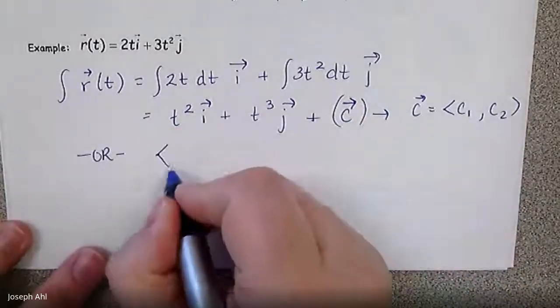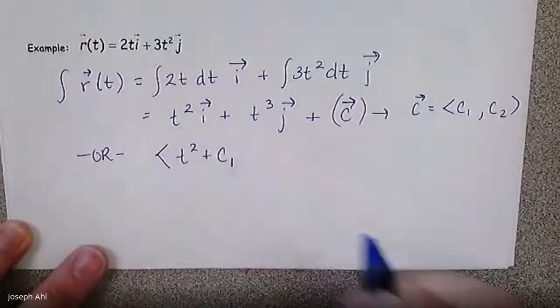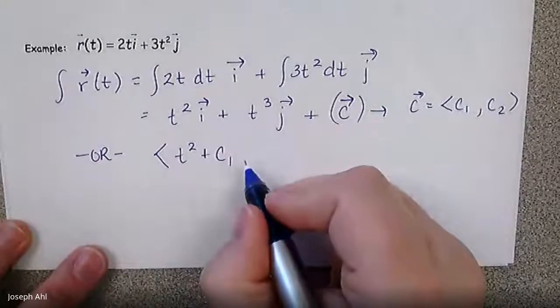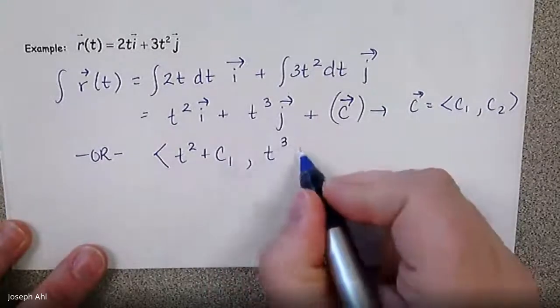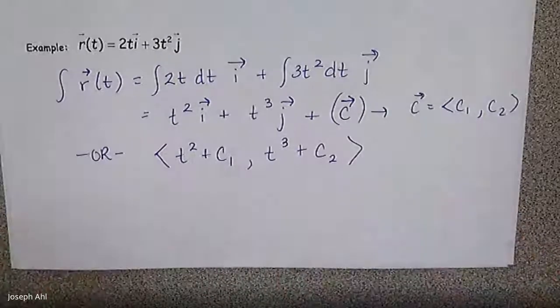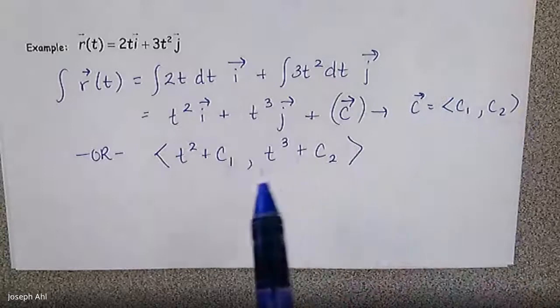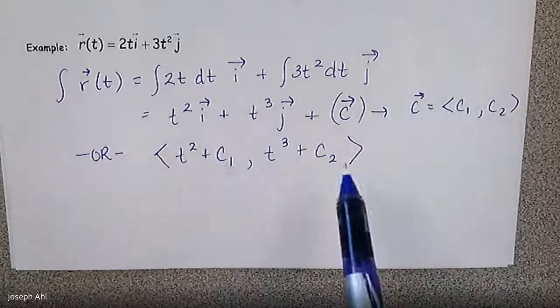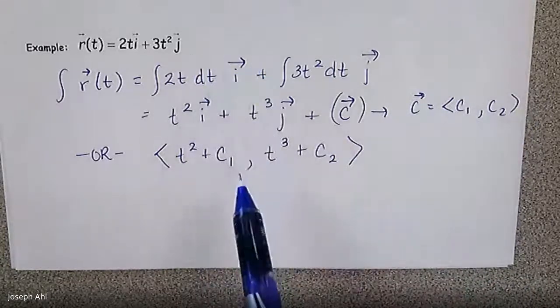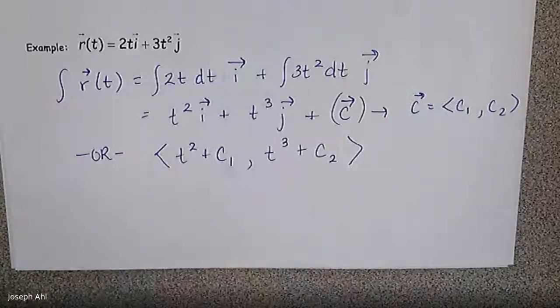So this could be written as t squared plus c1, whatever that might be. And then t cubed would get added on to c2. So that's just another way of thinking about how we would write our final answer here when finding the antiderivative. And in certain examples, when we're given, like I said, some sort of initial condition, we can work backwards and figure out what c1 and c2 are and go from there.